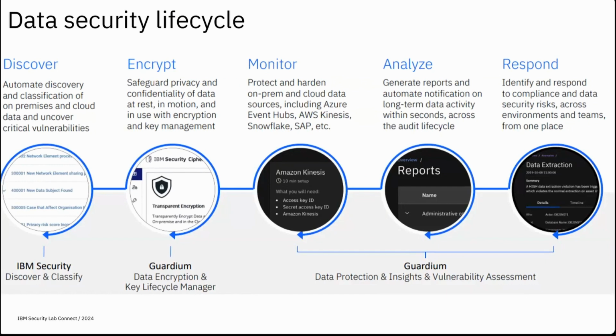Okay, so now let's talk a bit about the different phases of the data security lifecycle. What normally you see is that the data in an enterprise needs to be discovered. So you need to have visibility to the entire data that is present in your IT environment.